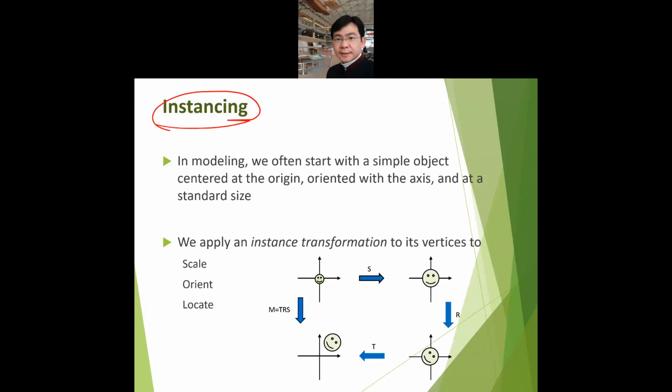The idea of instancing is that, for instance, if we have some model here, such as a tiny Pikachu, then based on some combination you can move it. Usually when you load your model, it stays at the origin of the world.